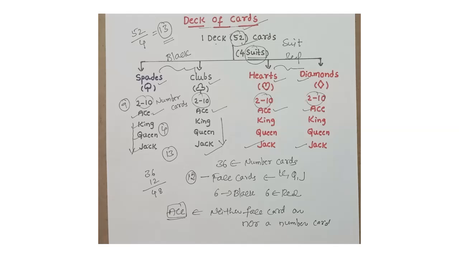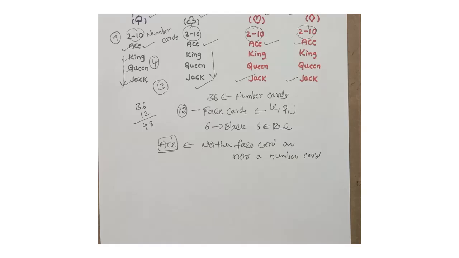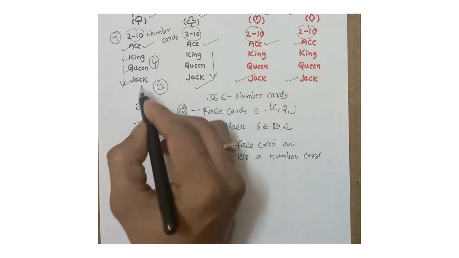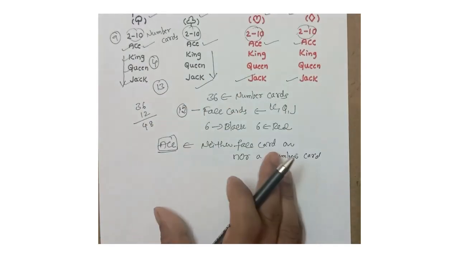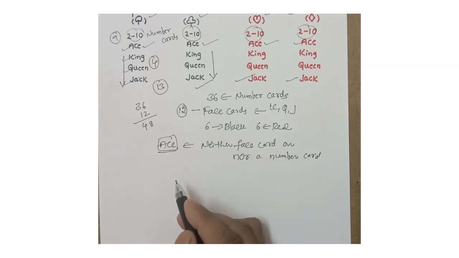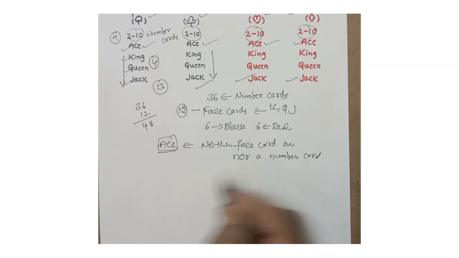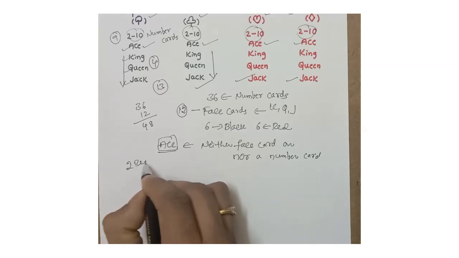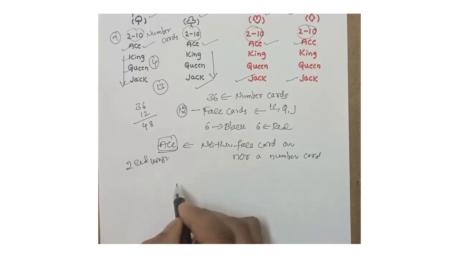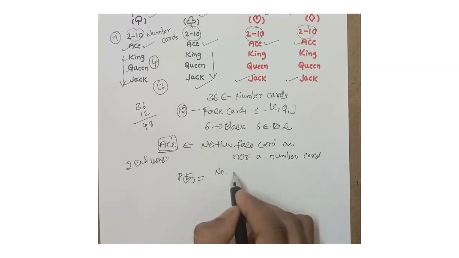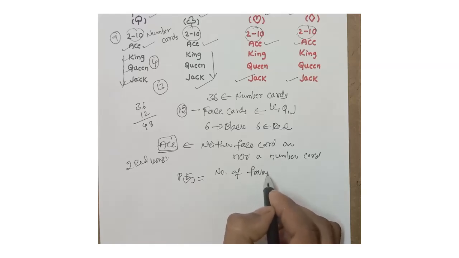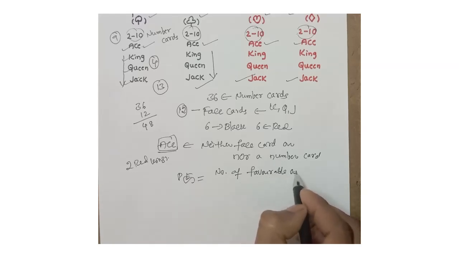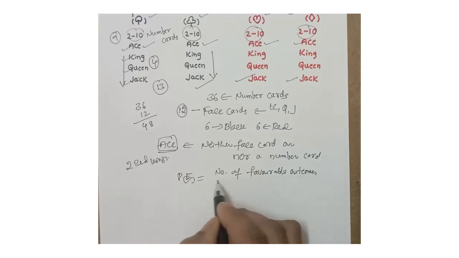There may be questions like this: how many red kings are there in a deck of cards? Total kings are four. Out of the four kings, two are red and two are black, so there are two red kings. The probability of any event is based on a simple formula: number of favorable outcomes divided by total number of outcomes.